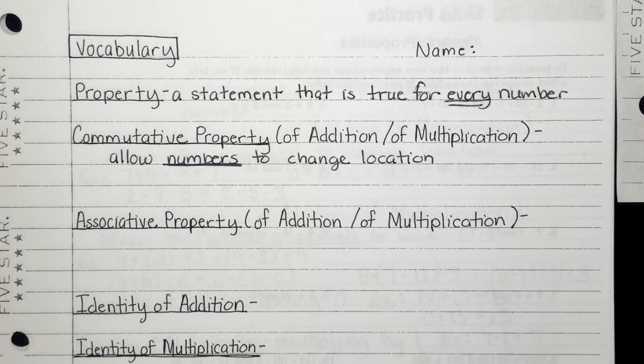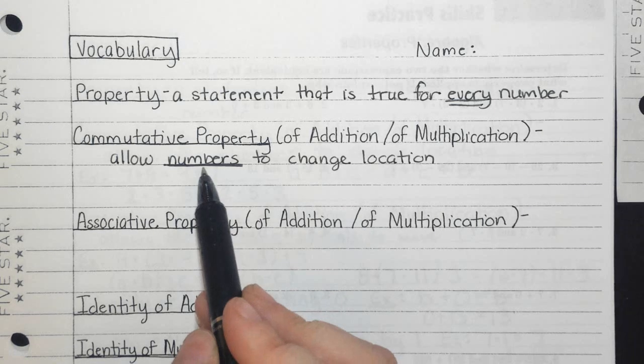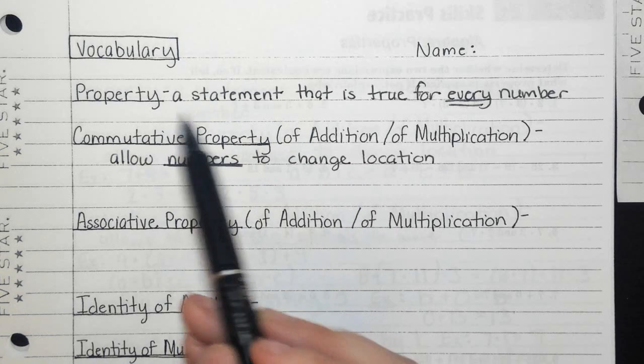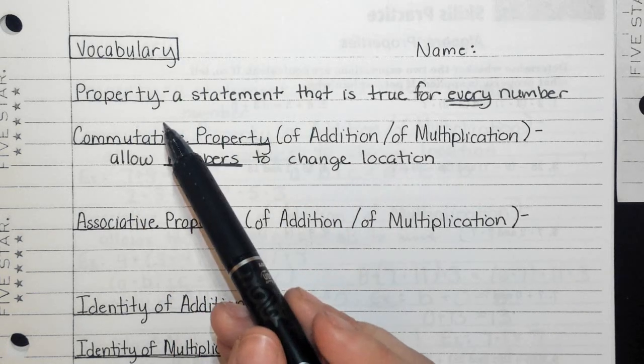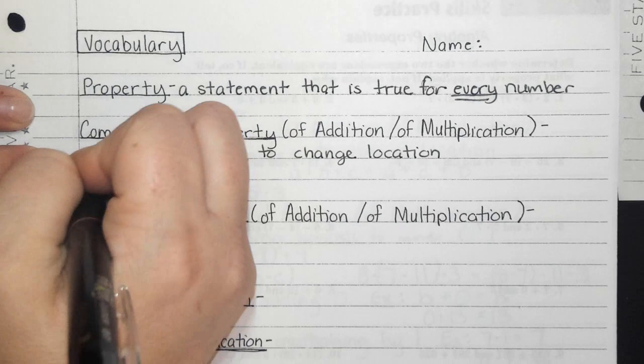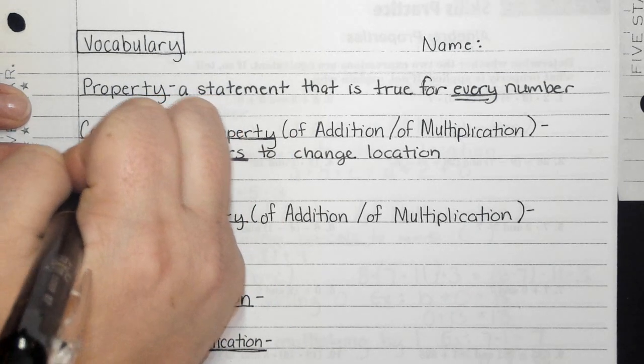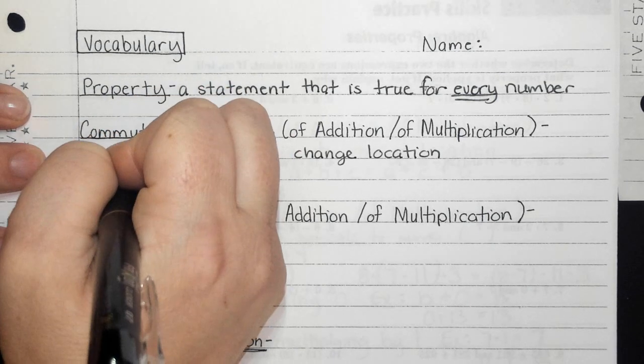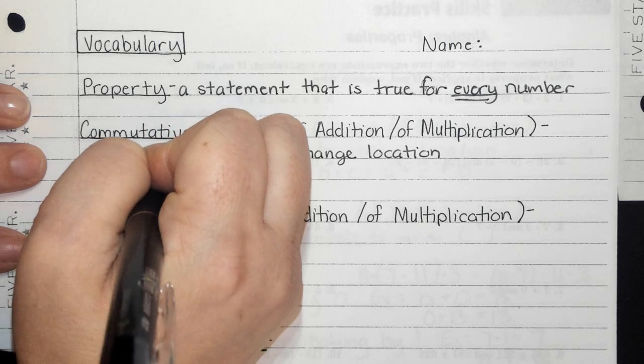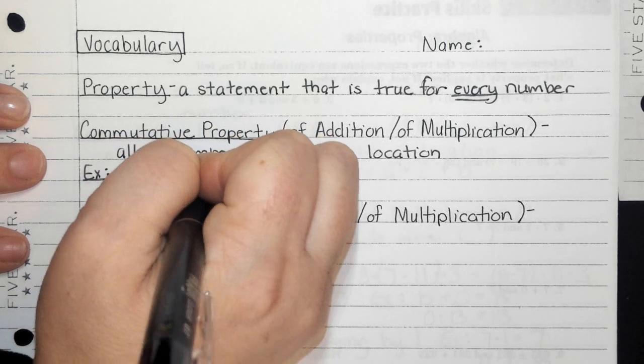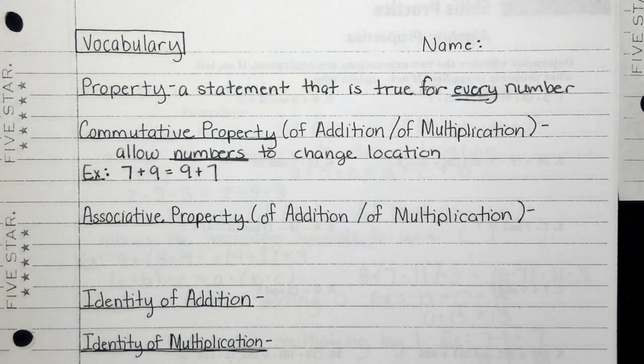All right? All you're going to have to do is be able to tell me, this is commuting, this is associative, this is identity. So if the numbers are changing location, what is it? The commutative property. So I'm going to give you an example that you would have to identify. So on the test, for example, if I had a problem that said 7 plus 9 equals 9 plus 7, your job would be to say, what property is that?